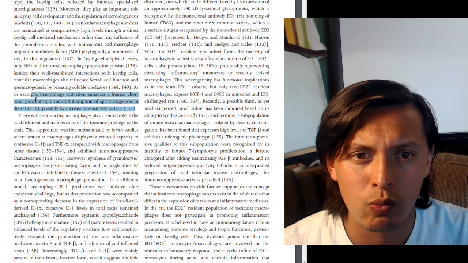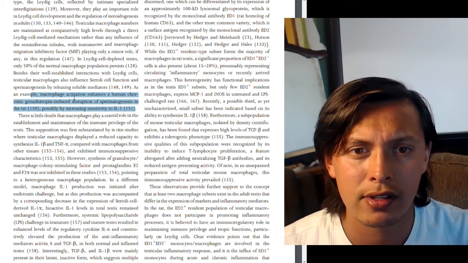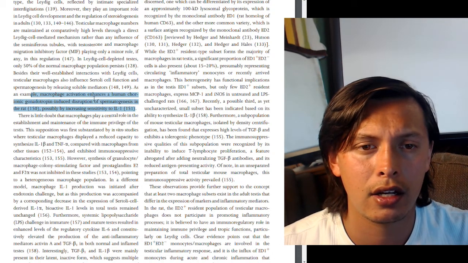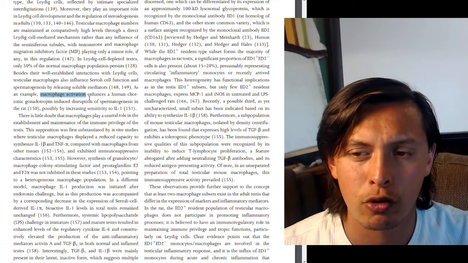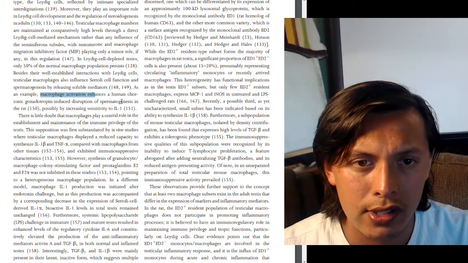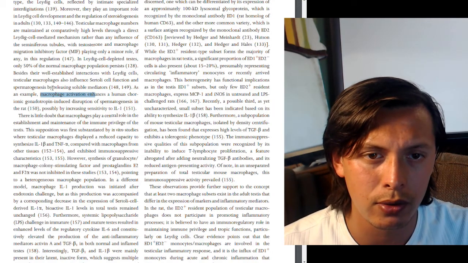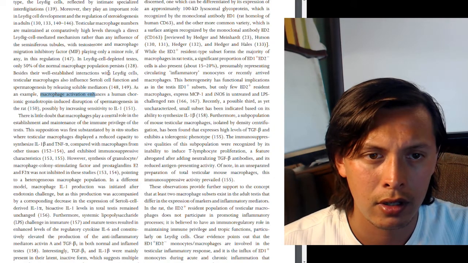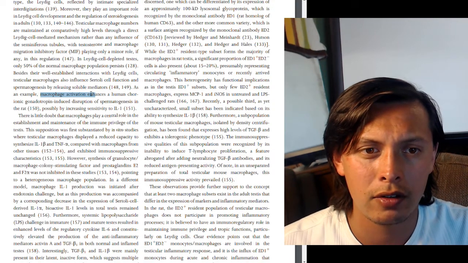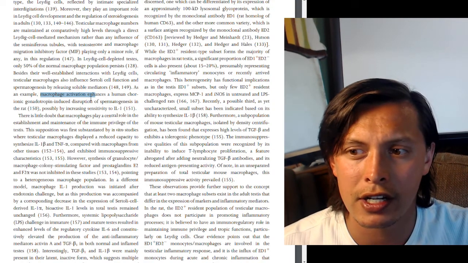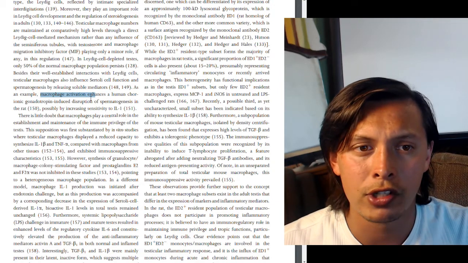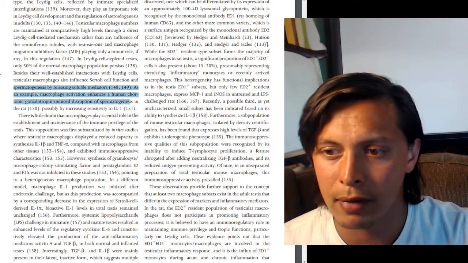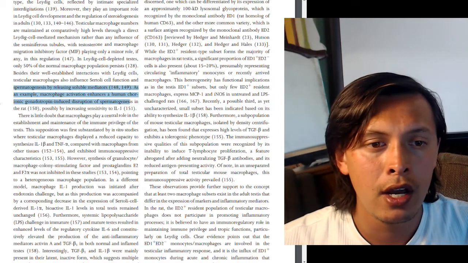I guess what I'm understanding from this is that the macrophages are screwing with the hormones in the area. So these macrophages are releasing some sort of a nearby soluble hormone, which is able to affect spermatogenesis. But yeah, this is above my understanding.